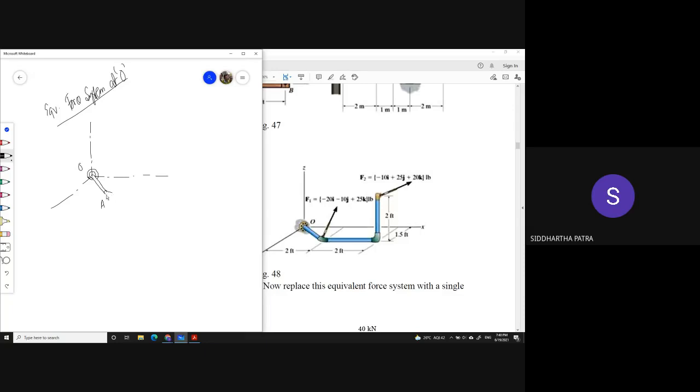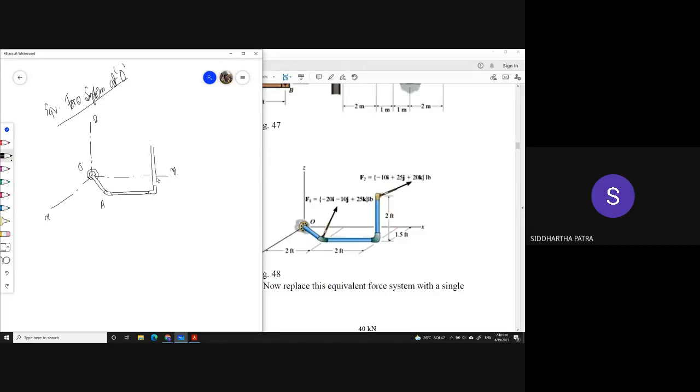Then it bends by a certain angle and becomes parallel to the y-axis. And then it bends by 90 degrees to become parallel with the z-axis.